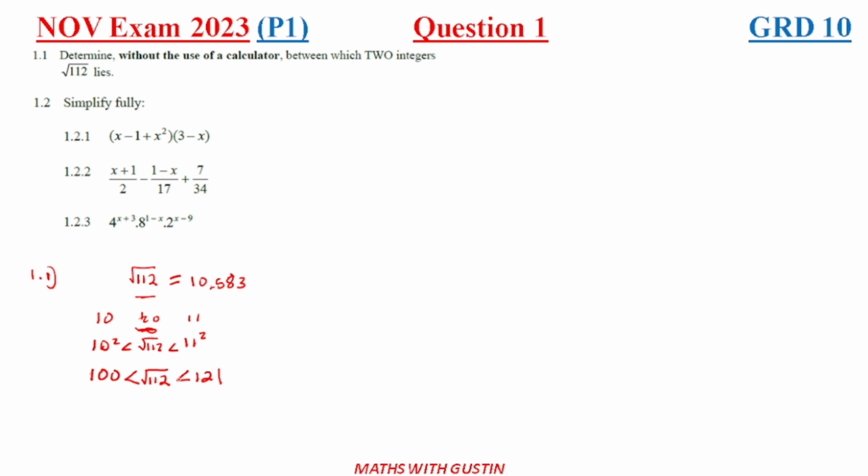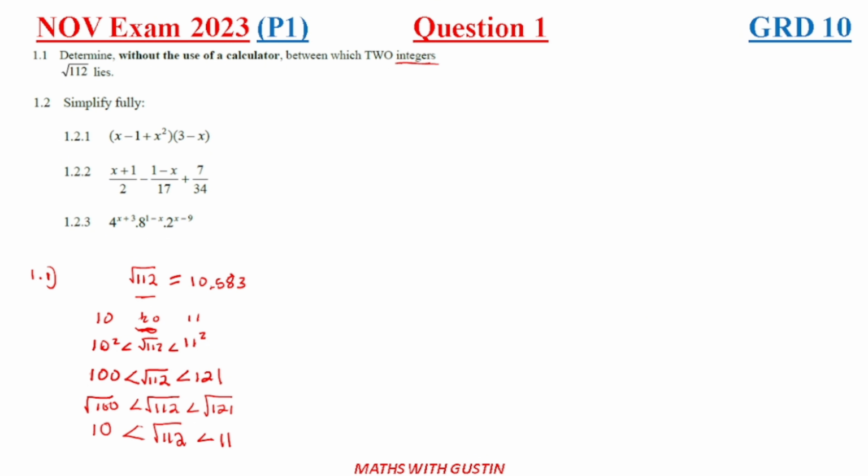In order for you to get the integer, you can square root all sides. Remember, you are looking for the integer, not for the square. So this will give you 10 for the numbers that are greater than 10 but less than 11.